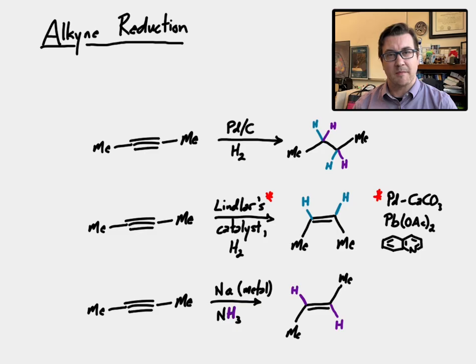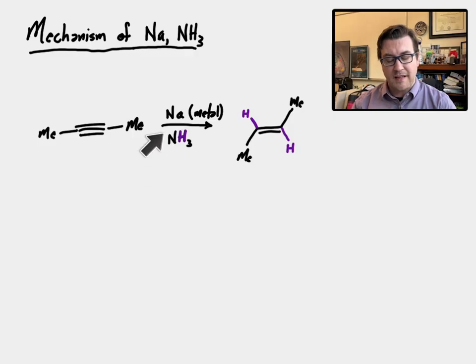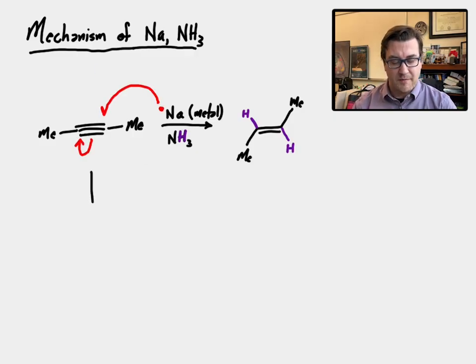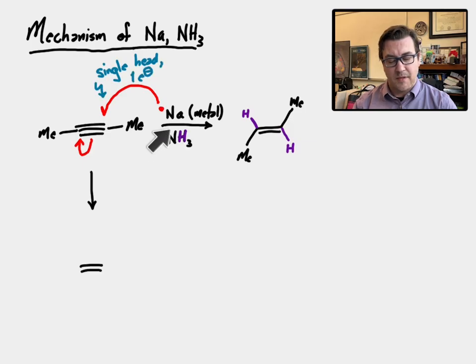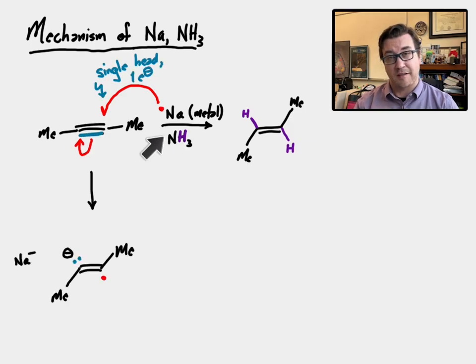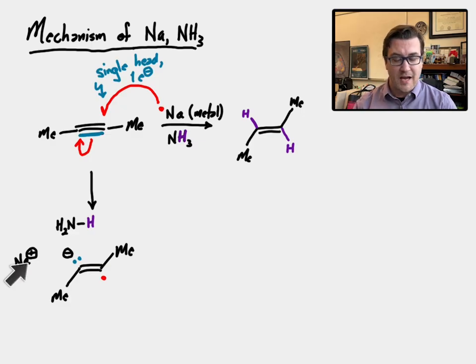So we've already talked a bit about how these reductions work on a metal surface, but let's look at how this sodium metal reacts with ammonia to give you the trans product. Well, the first thing that happens is to notice that sodium has one electron, and it is relatively energetically favorable for it to donate that electron to something else to generate the Na plus ion.